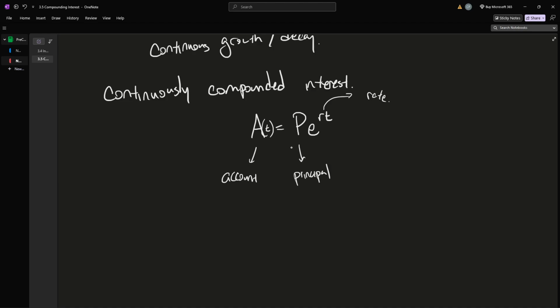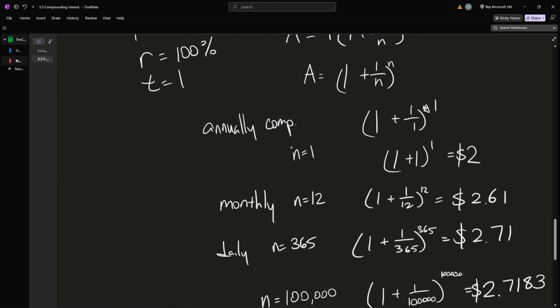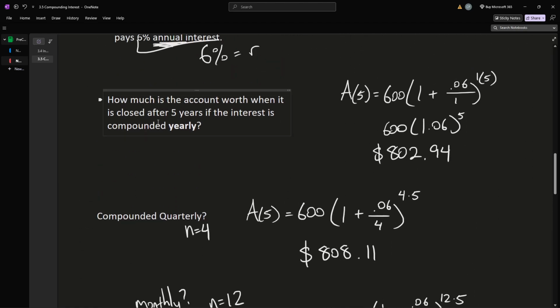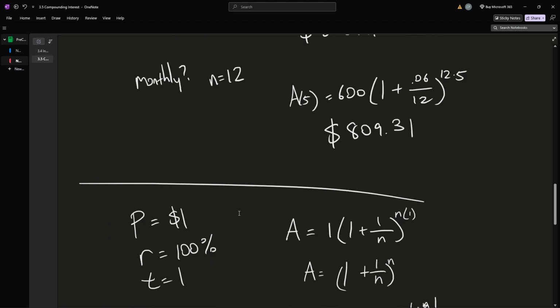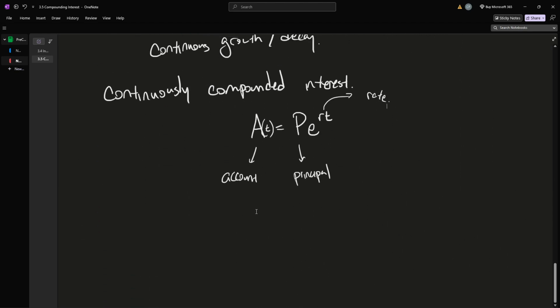So let's now use the same problem that we had before up here. 6% annual interest, but let's say it's now continuous interest. It's at a continuous rate of 6%. So I have $600 being applied to E at a rate of 6% for 5 years.